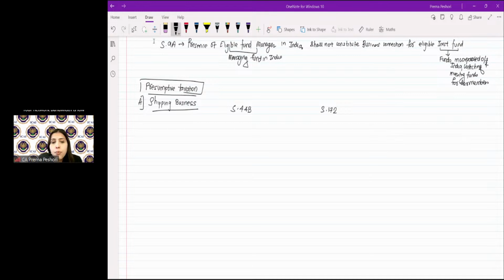44B says that the profits and gains of a non-resident engaged in the business of operation of ships. Basically this is applicable for the shipping business, right?